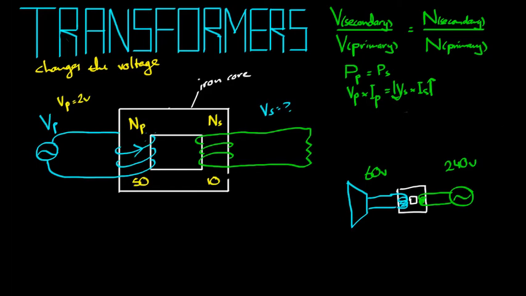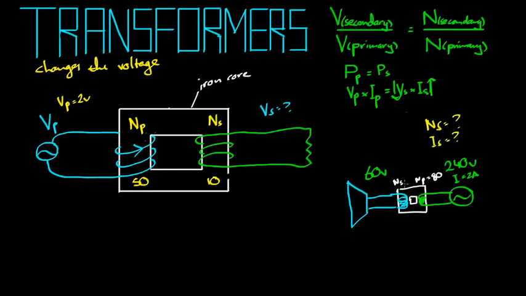If there are 80 loops on the primary coil here, Np equals 80, let's figure out how many loops are on this secondary coil here. And if the mains have a 2 amp current, let's figure out the current in here. So Ns is equal to, and Is is equal to.